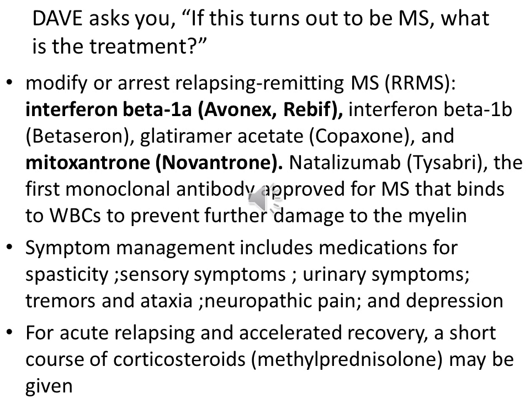Sensory symptoms like amitriptyline, urinary symptoms, prazosin or oxybutynin, tremors and ataxia, clonazepam, neuropathic pain, gabapentin is used, amitriptyline, and for depression, fluoxetine is also used. For acute relapses and accelerated recovery, a short dose of corticosteroids, methylprednisolone, may be given.